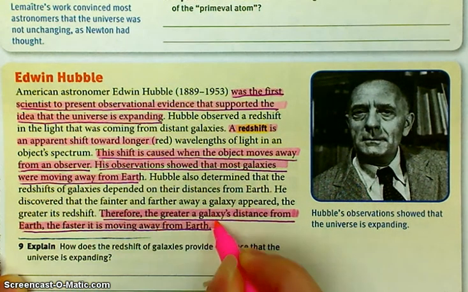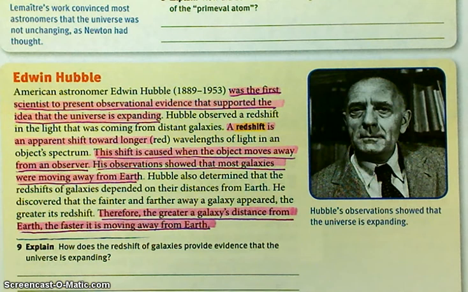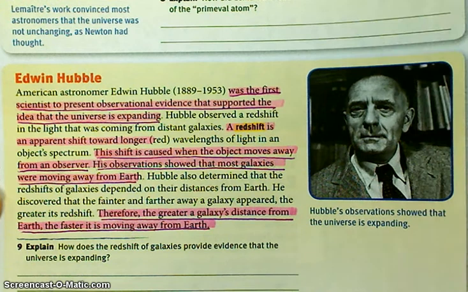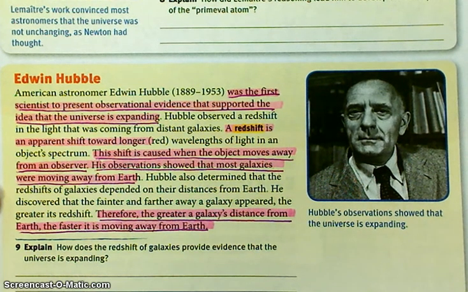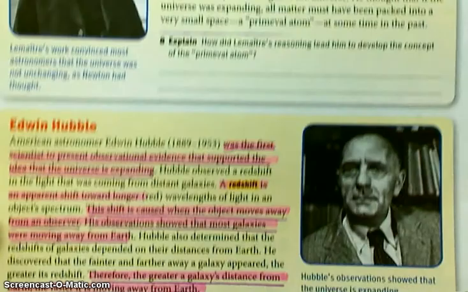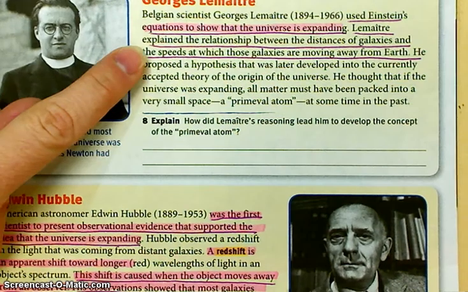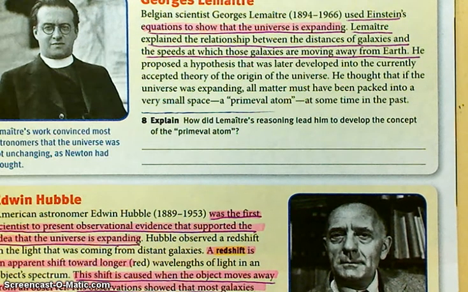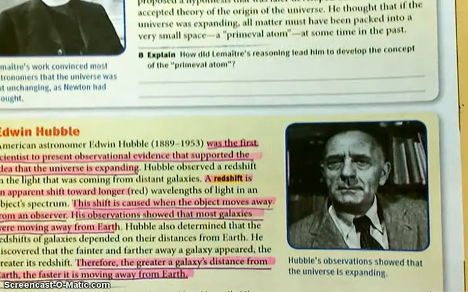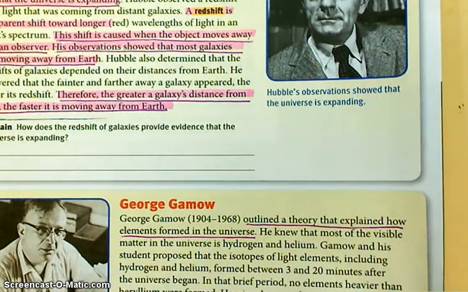Okay, so the farther the object was from us, the faster it was moving away from us. Okay, so Edwin Hubble, observational evidence using the redshift, the spectrums of light coming in from the galaxies. Georges Lemaitre used equations to show that the universe was expanding. So they both sort of worked in the same area, but in different ways.